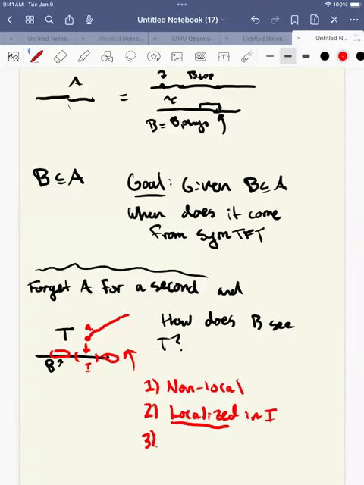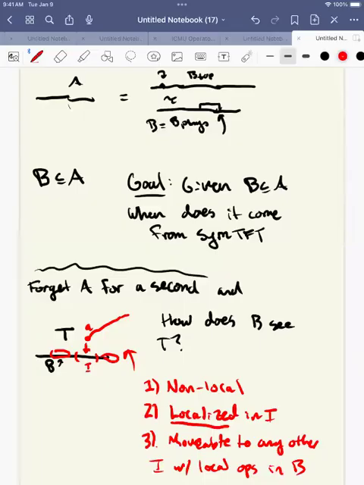So in particular, it's movable to any I with local operators in B, that are localized in B. Okay, so these are the three conditions that I think characterize what kind of operators, in terms of B, should correspond to string operators from the bulk.